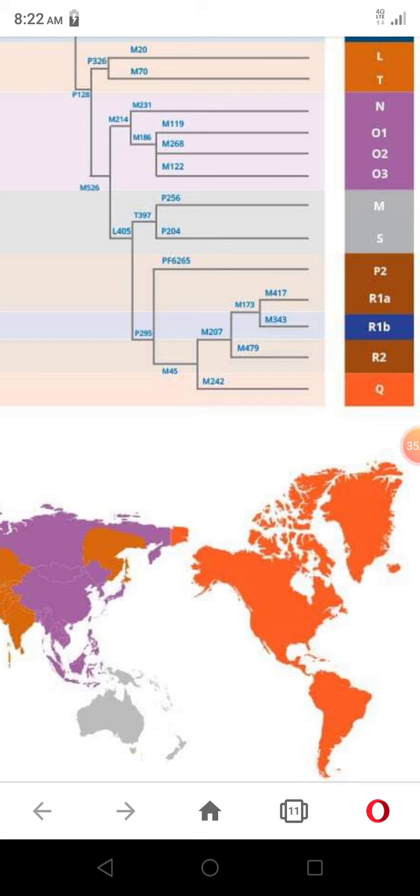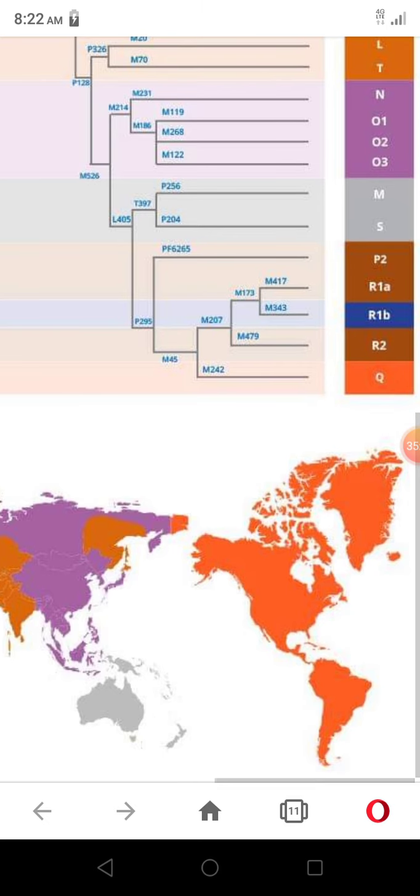So most likely, the R group of people that are so-called Native Americans in the eastern coastline and in different parts of the Caribbean, these will be your Viking group. How you like that for history?